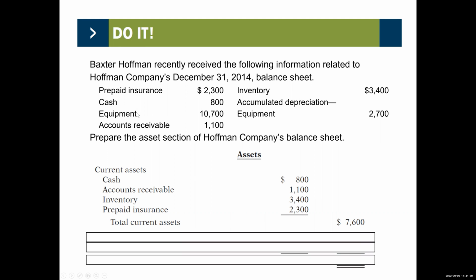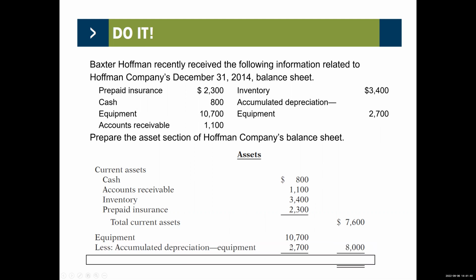So let's go ahead and take equipment and put it in. And we have to subtract its related accumulated depreciation of 2,700. So this is what we call book value, right? 10,700 for equipment less the accumulated depreciation means the equipment has a book value of 8,000.